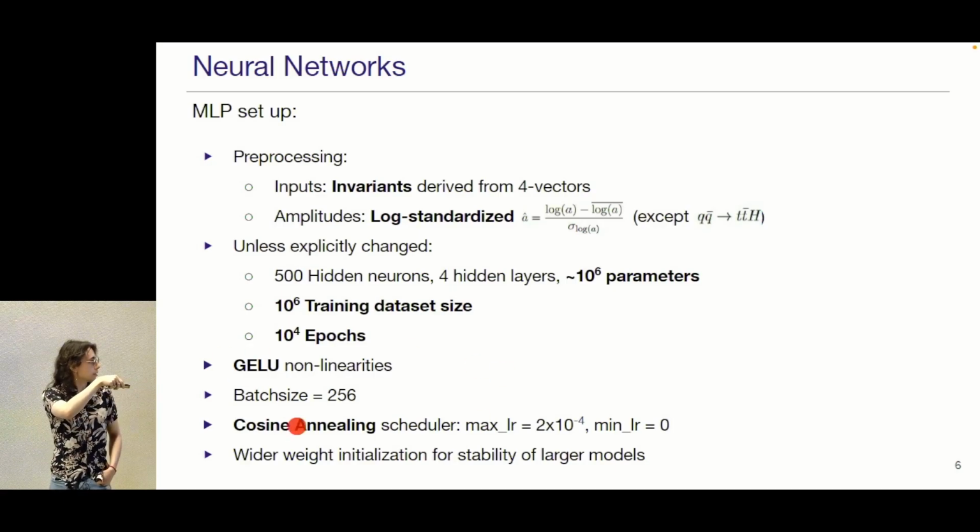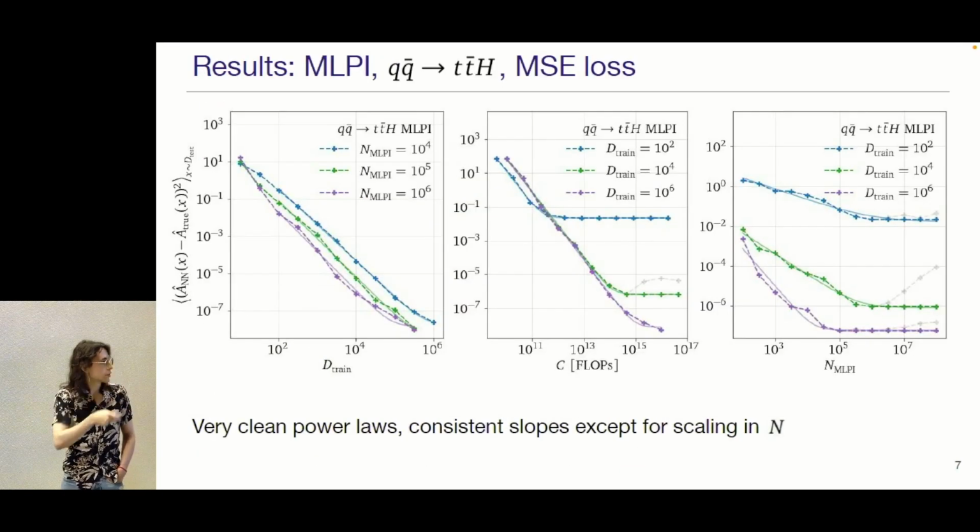We use a GELU nonlinearity, batch size of 256, cosine annealing scheduler, which was a bit problematic, but it gets the best performance. And then, just because we were using relatively wide, big models, changing a bit the weight initialization is good. Just that.